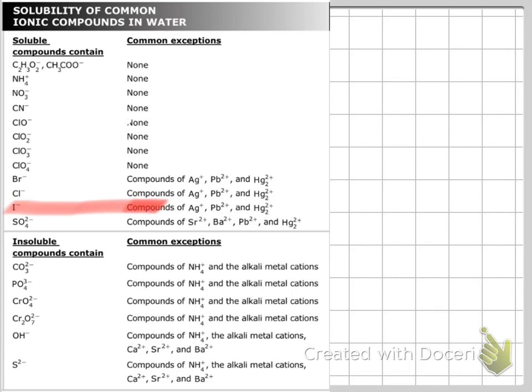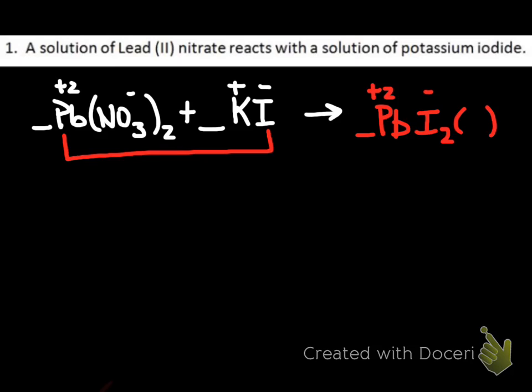My iodine, I minus, is soluble in water, except when it has silver, lead, or mercury. Well, in this case I have lead. So therefore, this reaction at station 1 produced a solid precipitate, which was lead iodide.